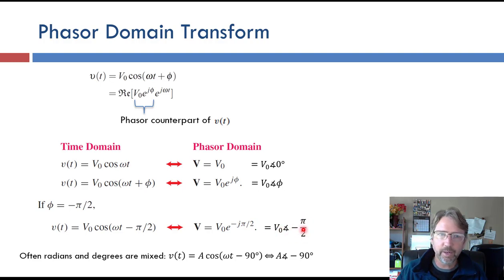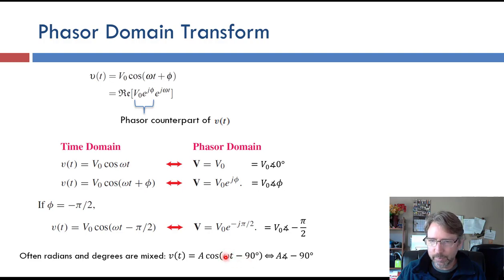A very common thing that is completely wrong in terms of the physics, but still very common, is that we kind of leave out omega when we talk about phase. Often phase is talked about in degrees, but omega is in radians per second because it's in calculus, and so we keep things in radians for calculus. And so it's very common for an answer to a phasor problem to look like this: amplitude A cosine omega t, where omega is in radians per second, and a phase shift of -90 degrees.